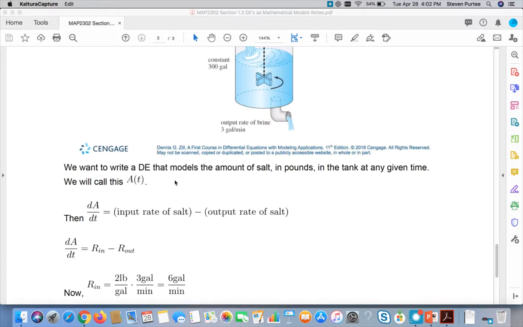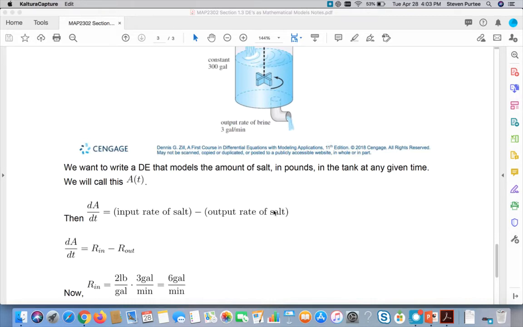So A here represents the amount of salt in pounds at time t. Then the rate of change of the salt will be equal to the input rate of salt in pounds per minute minus the output rate of salt in pounds per minute.